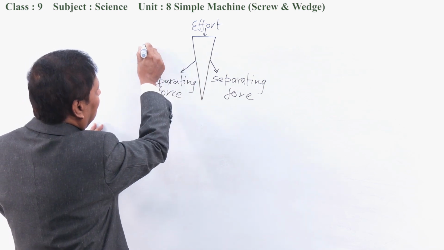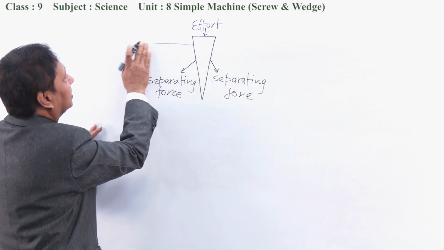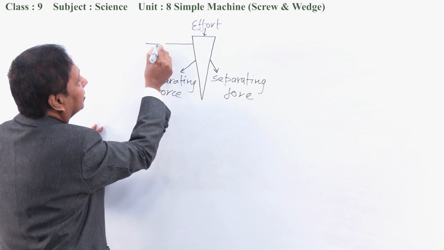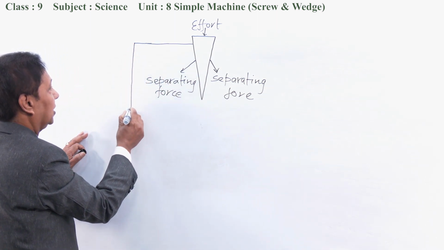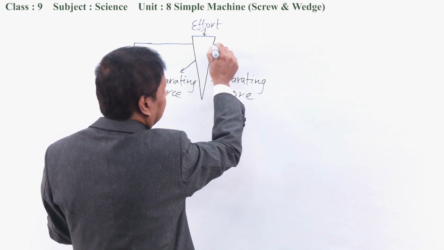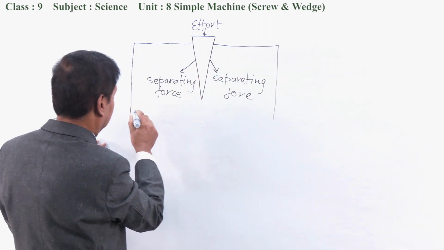It will be better to have an object also. Look, this is inserted into the object, and we are going to cut this object, or split it up into two pieces. Let's say this is the object.